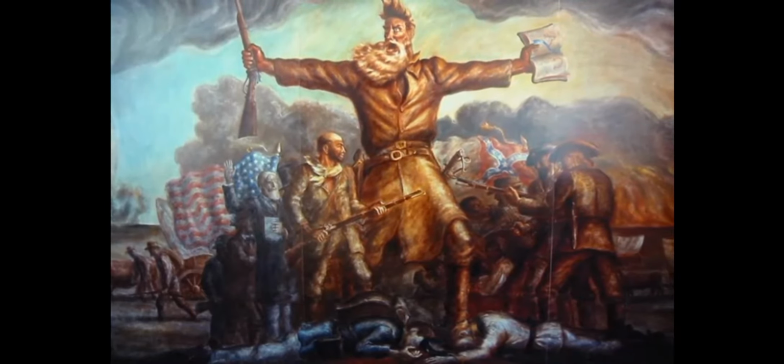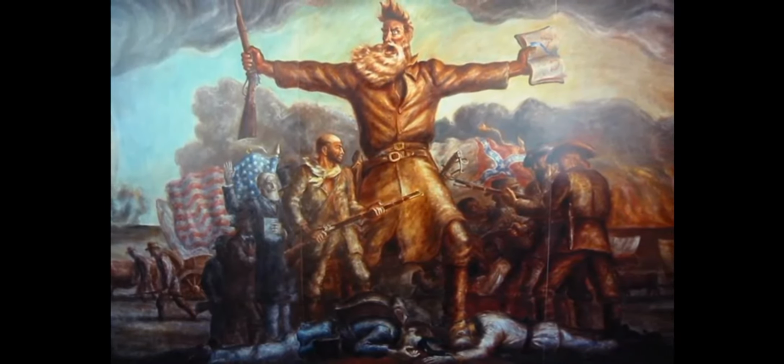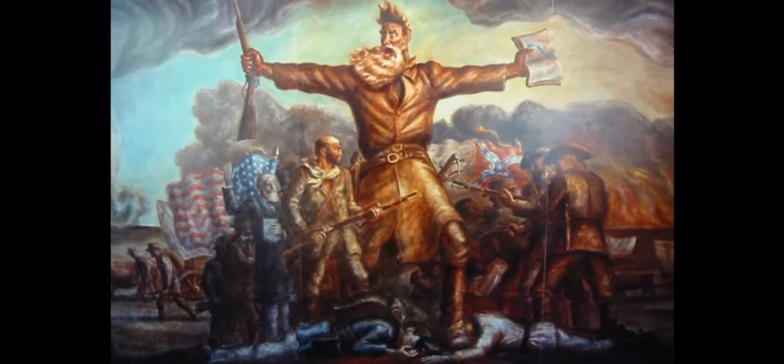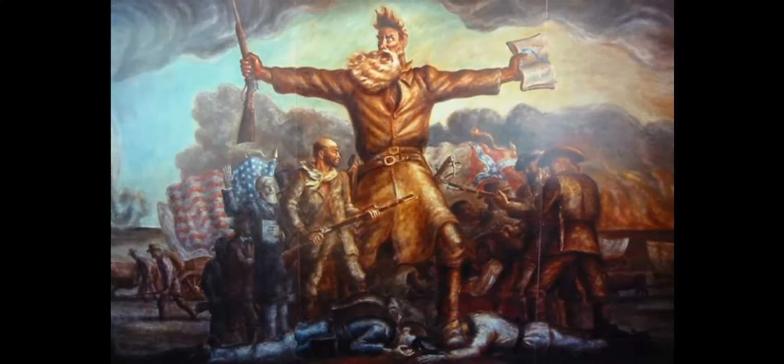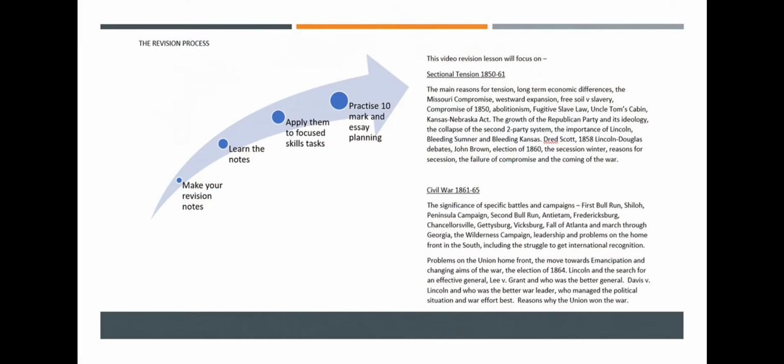And the pivotal moment in the 1850s is the Kansas-Nebraska Act and the emergence of the Republican Party as a direct result of that. Okay, so that gives you an overview of the key issues in the sectional tension 1850 to 61 aspect of the course, and it covers the issues that are listed here that come directly from the exam board.